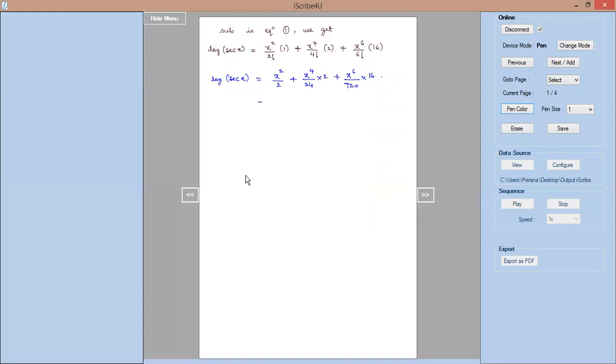So what we get as the answer is x squared divided by 2 plus, 2 1s are 2, 12s are, so we have x power 4 divided by 12 plus, simplifying this, we can obtain x power 6 divided by 45. So up to 3 non-vanishing terms, we have obtained the answer. So this is our required Maclaurin series expansion for the given function log of secant x.